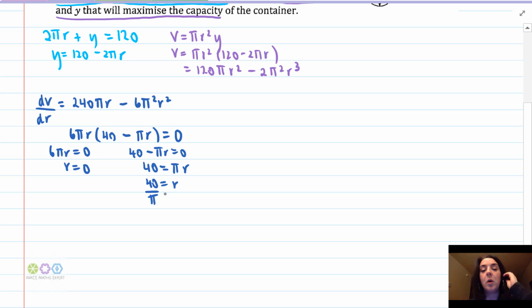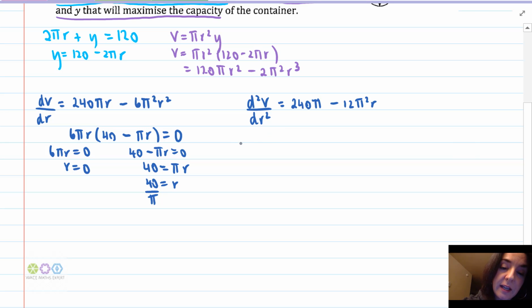Okay, from there, what we want to do is examine and make sure that we have shown that that solution is actually going to be a maximum solution to this question. So to do that, we could use the sign test, but let's look at the second derivative test by differentiating this again. So we get 240 pi take 12 pi squared r. And substituting in our r value, we can have a look at what will happen here.